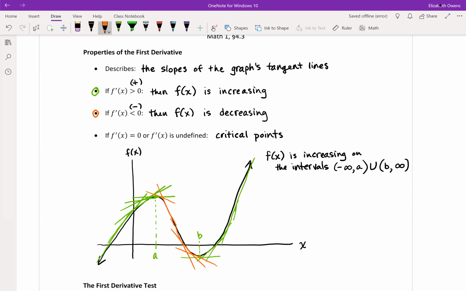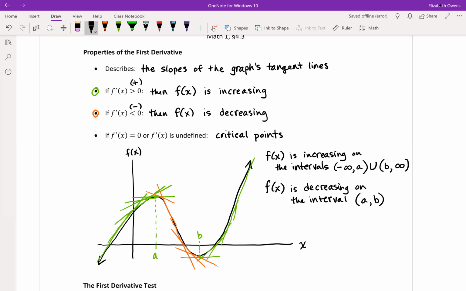And we can definitely see that the function values, the y values for this guy, are decreasing along that interval there. So it all goes together. It's kind of nice. Graphically, it really matches up. So f of x is decreasing on the interval from A to B. And again, we don't include either of the endpoints because it's not really increasing or decreasing at those points.